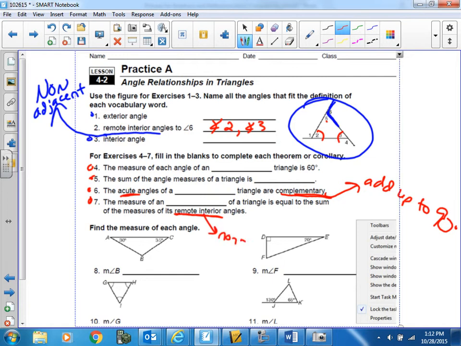If you look in your notes and you see non-adjacent, that's the same thing. That's what they're classifying as remote interior. So in your notes, you should know the measure of an exterior angle of a triangle is equal to the sum of the measures of its remote interior angles, or non-adjacent interior angles.